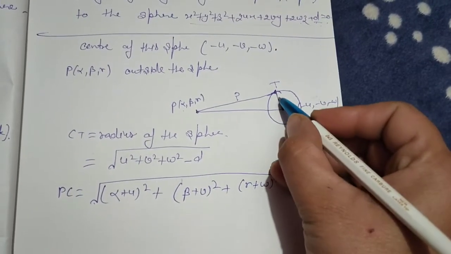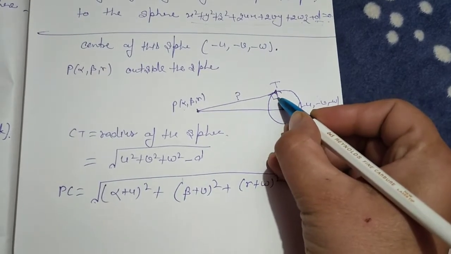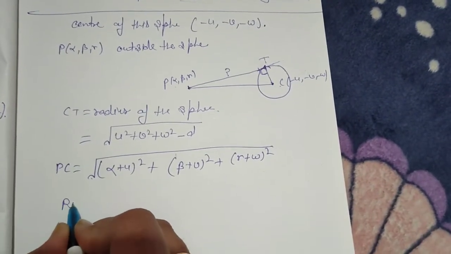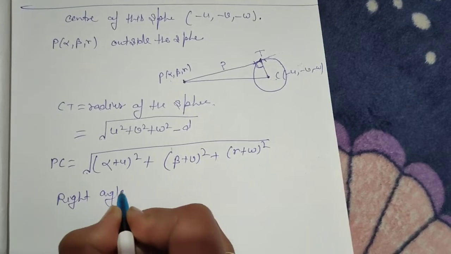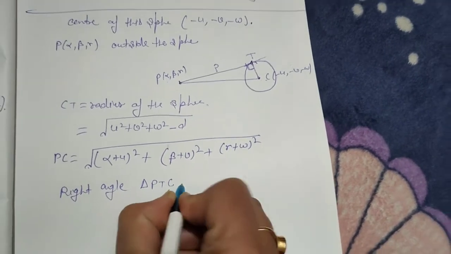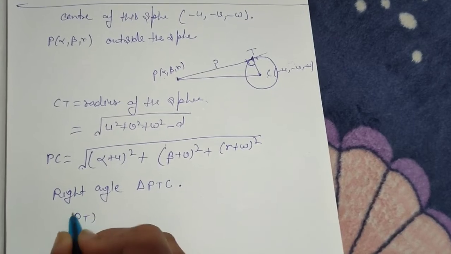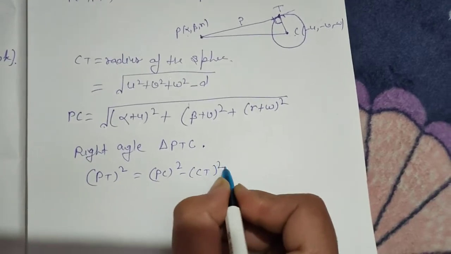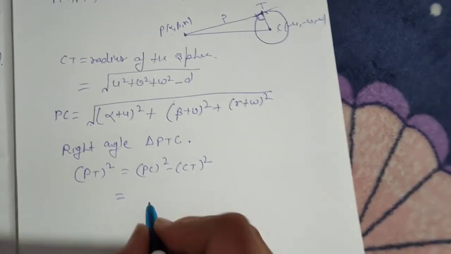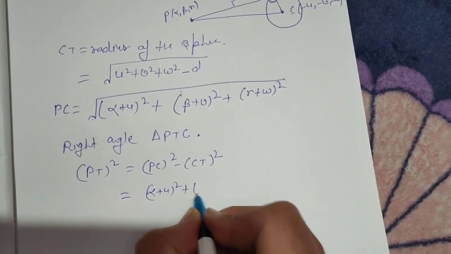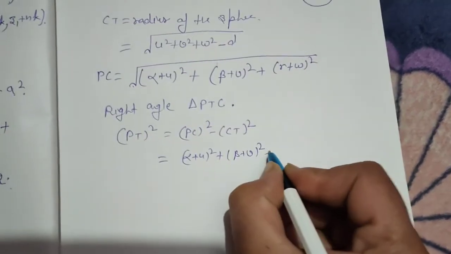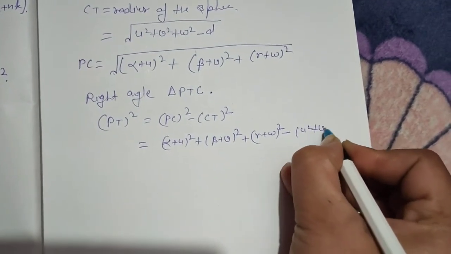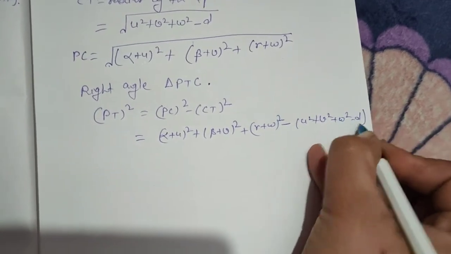We know that this radius CT makes a right angle with the tangent line. Then we use the right angle triangle formula. In right angle triangle PTC, by Pythagoras rule, PT square is equal to PC square minus CT square, which is equal to (alpha plus u) square plus (beta plus v) square plus (gamma plus w) square minus (u square plus v square plus w square minus d).